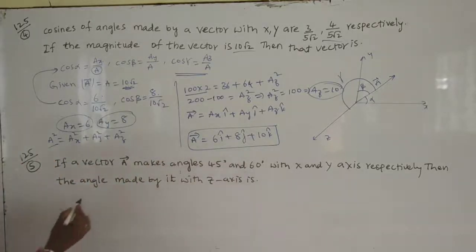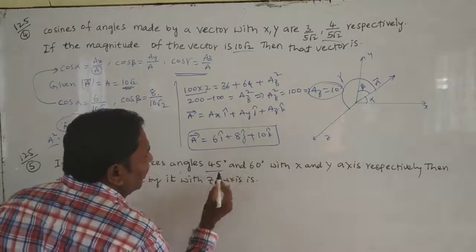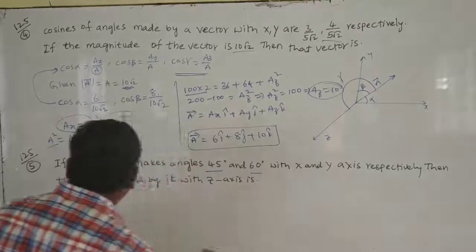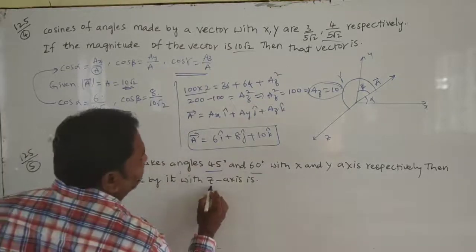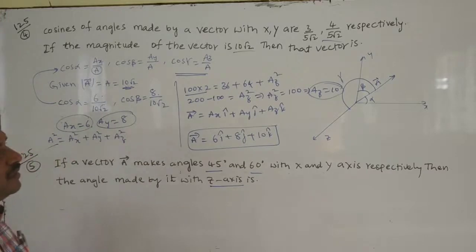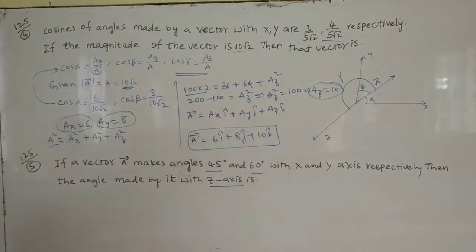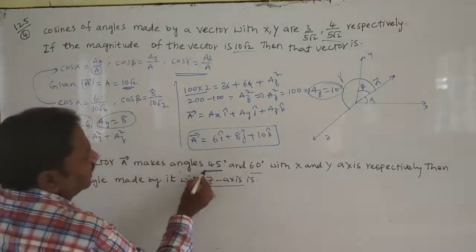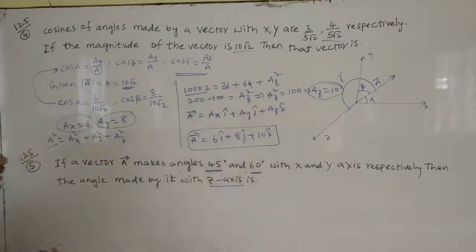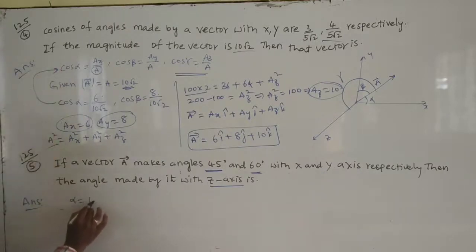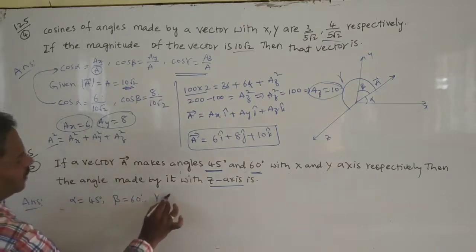Next, if a vector A makes angles 45 and 60 degrees with the x-axis and y-axis respectively, then find the angle made by it with the z-axis. So we have to find gamma. Alpha is given as 45 degrees, beta is 60 degrees, and we have to find gamma.